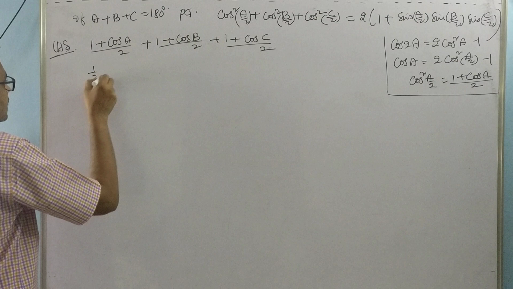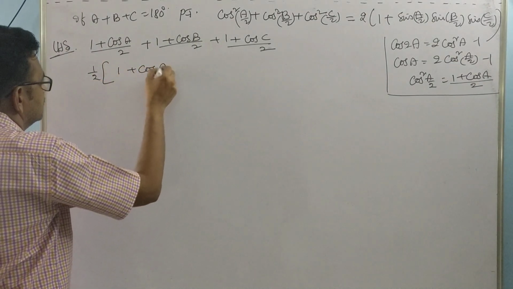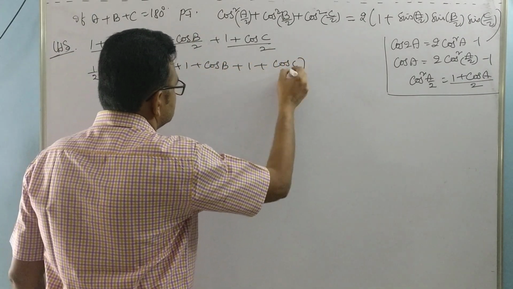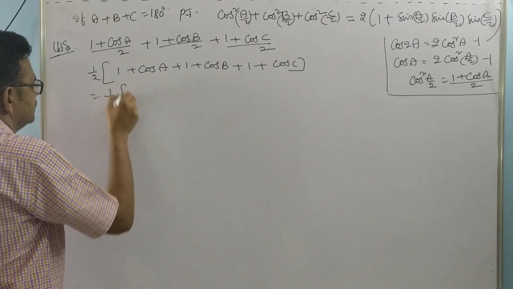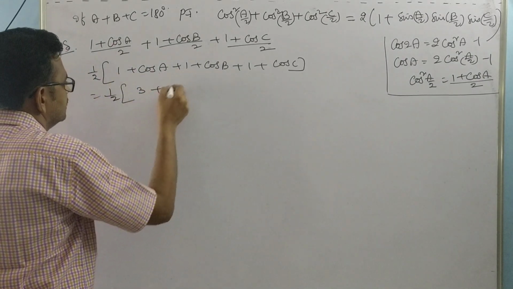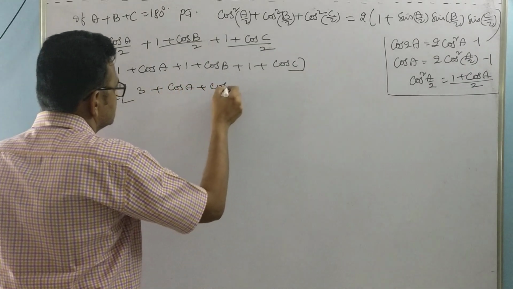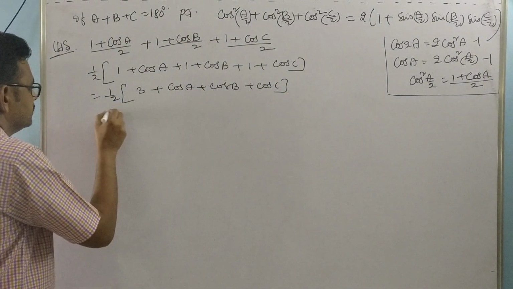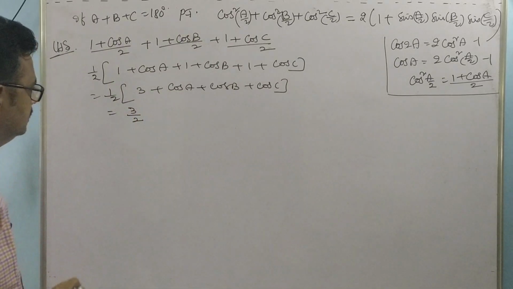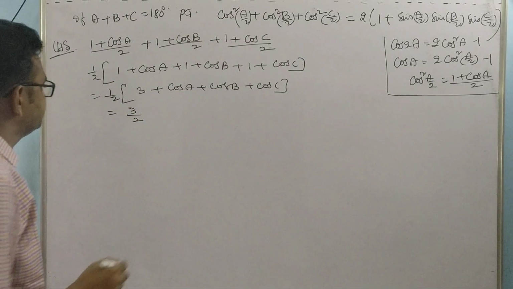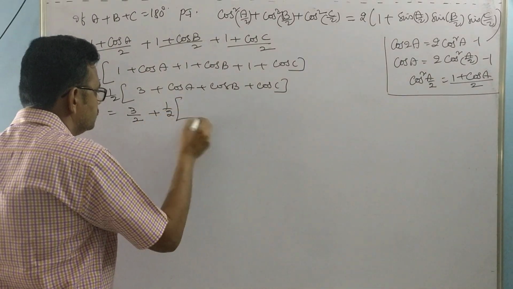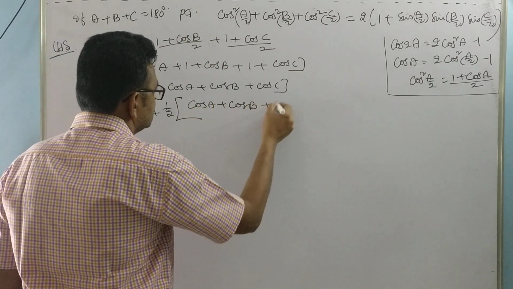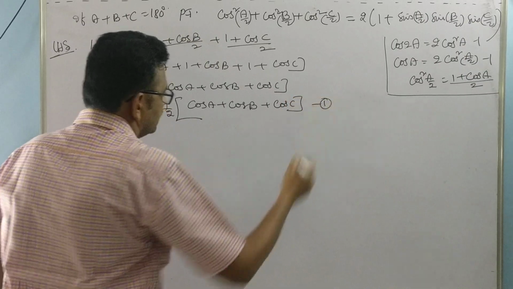Taking 1 by 2 common, (1 plus cos A plus 1 plus cos B plus 1 plus cos C), that is 1 by 2 of 3 plus cos A plus cos B plus cos C. So this is 3 by 2 plus 1 by 2 of (cos A plus cos B plus cos C).